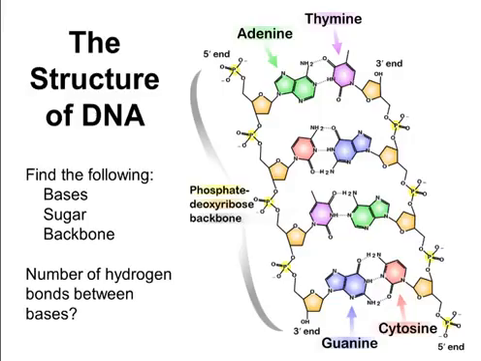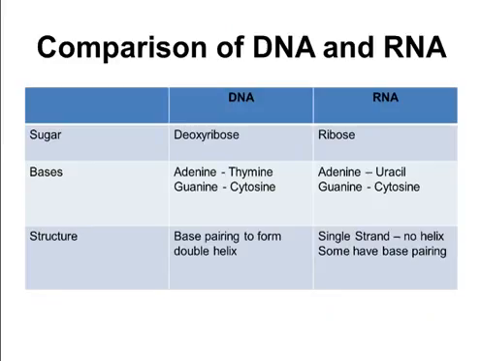The structure of DNA, you have the nucleoside bases, you have the sugars involved, and you have a phosphate backbone. And notice that you have the hydrogen bonding here between the nucleotide bases. Comparison of RNA to DNA, these are the 2 main information molecules in the cell.